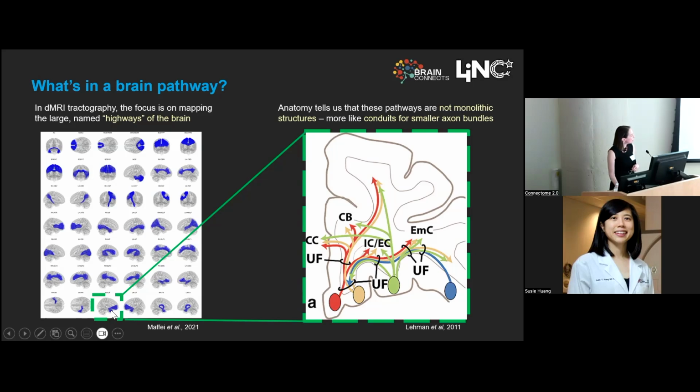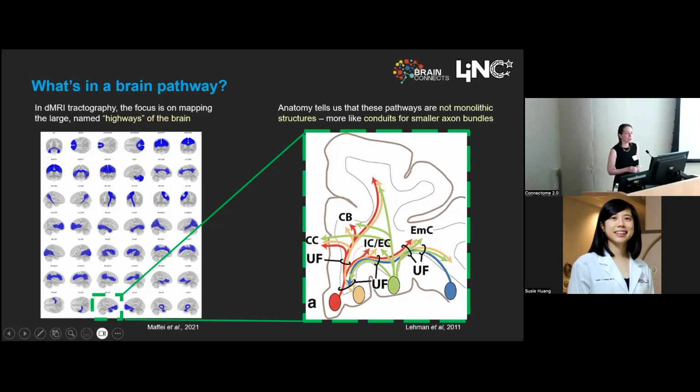Here we see it as kind of a monolithic structure, but in fact, it's made up of many smaller fiber bundles that will merge onto the uncinate fasciculus, follow it for part of its trajectory, and then merge off. And some that will follow it all the way from the orbitofrontal all the way to the temporal lobe. But there's a lot more detail than what we typically think of when we think of the big highways of the brain.